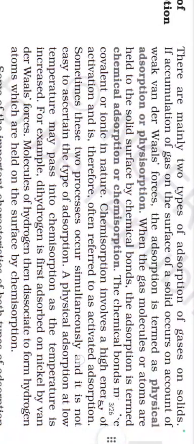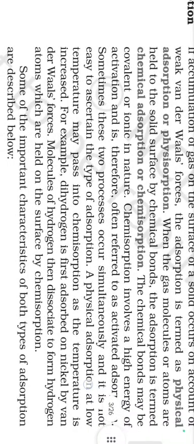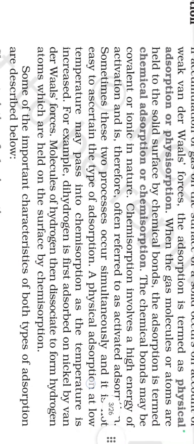Types of adsorption. There are mainly two types of adsorption of gases on solids. If accumulation of gas on the surface of a solid occurs on account of weak van der Waals forces, the adsorption is termed as physical adsorption or physisorption.